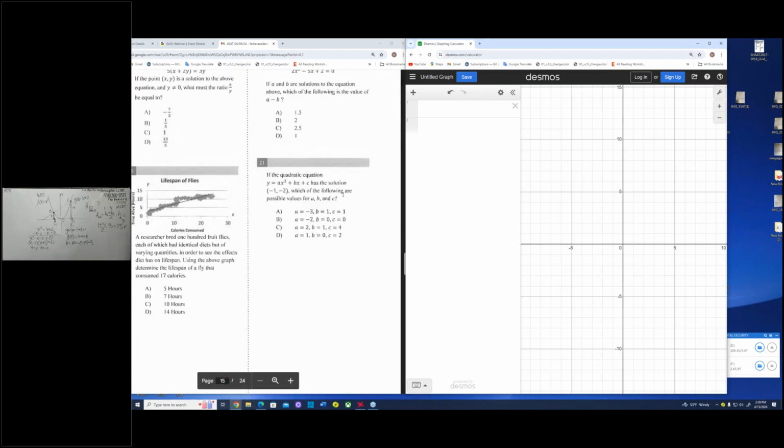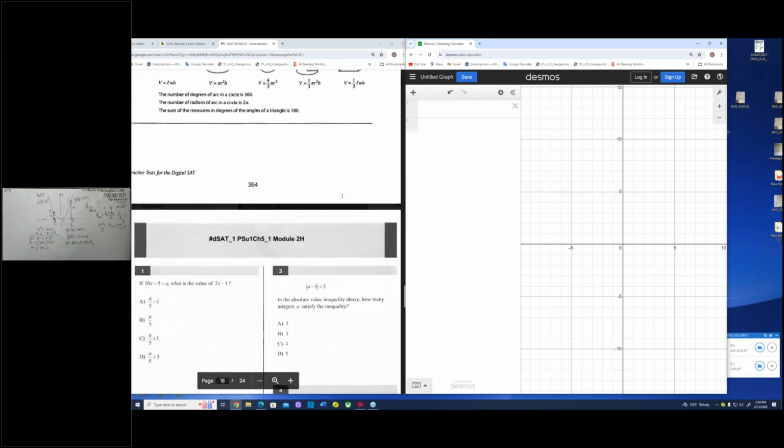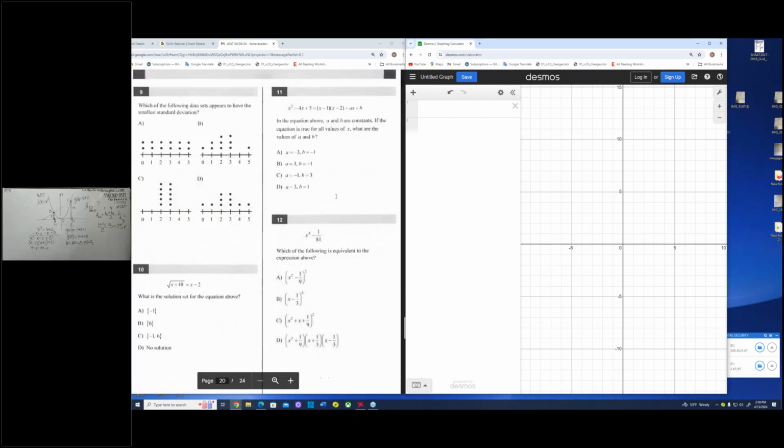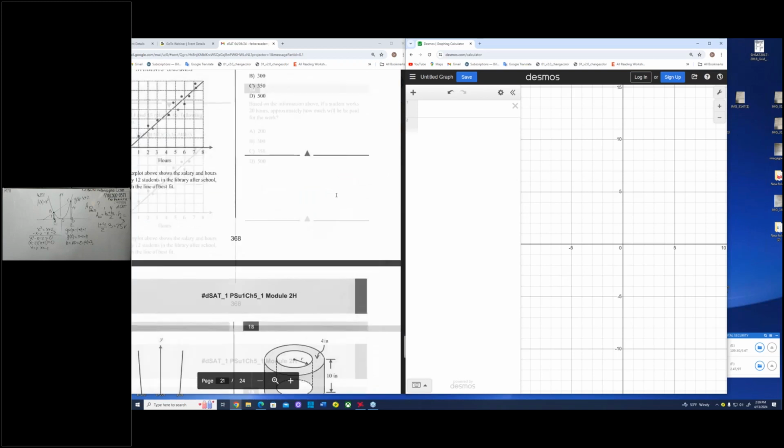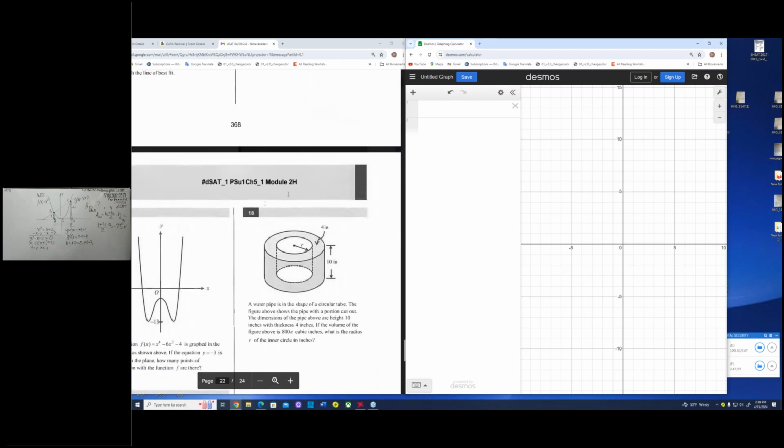It's 2e. I need the 2h module. Okay, good. With this one. Okay, f of x, and I simplify here.